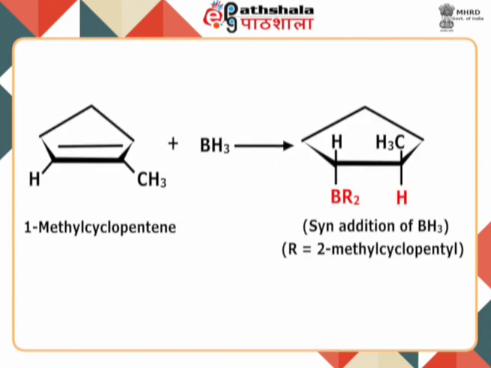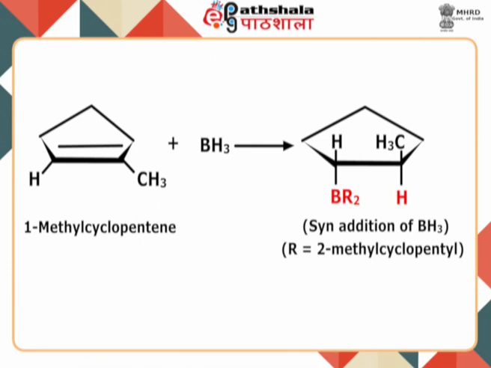Due to the syn addition of the boron and hydrogen atom, the reaction is highly stereoselective, with the hydroboration taking place preferentially on the less hindered side of the double bond, as shown for 1-methyl cyclopentene.